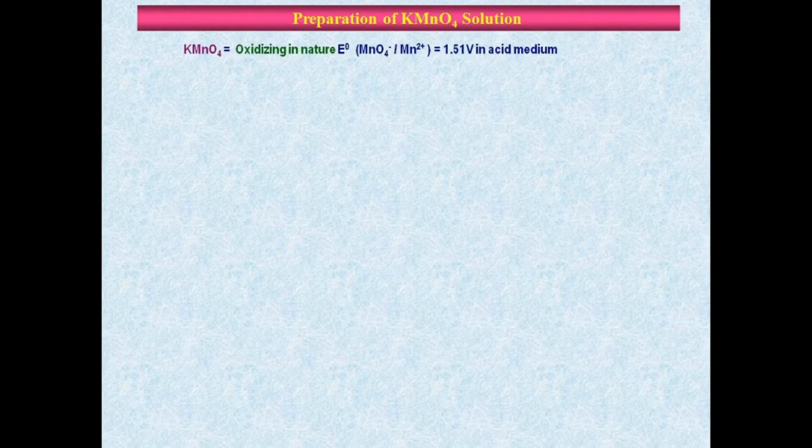Preparation of secondary standard solution, that is potassium permanganate. As we know, potassium permanganate is an oxidizing agent and its electrode potential is equal to 1.51 volt in acid medium.